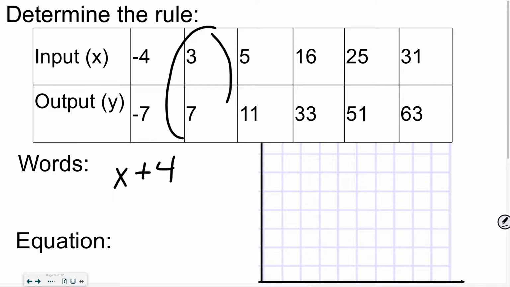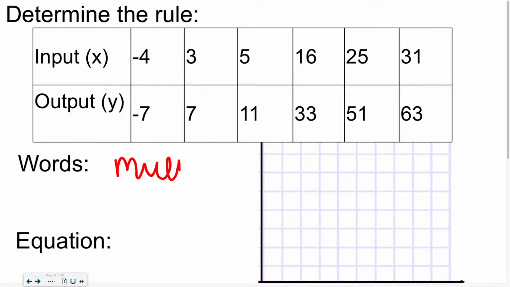How do you know it's wrong? Can I just do 1 and say, well, that's what it is, we're done? What happens if I just add 4 to 5? Am I getting 11? Or if I add 4 to 16? Am I getting 33? So how many times do you have to check this? Your pattern. You found that pattern. Lauren, how did you know? How many times did you check the times 2 and plus 1 until you were like, I know this is it?